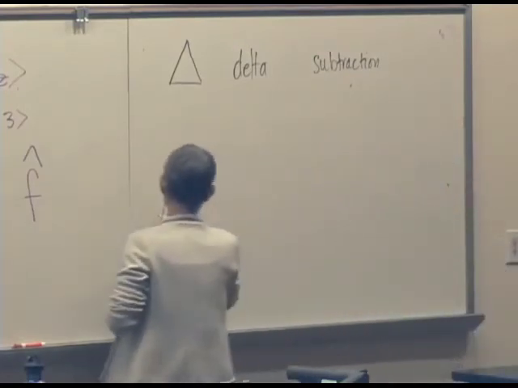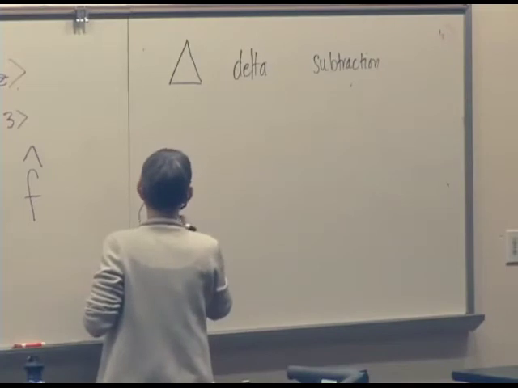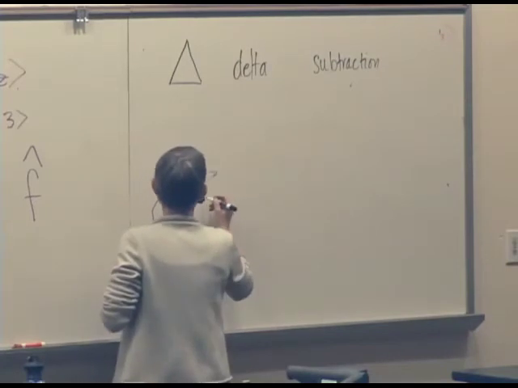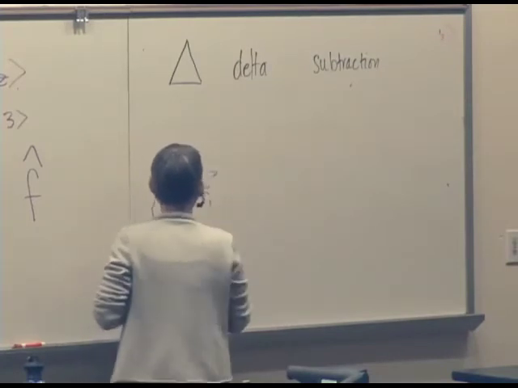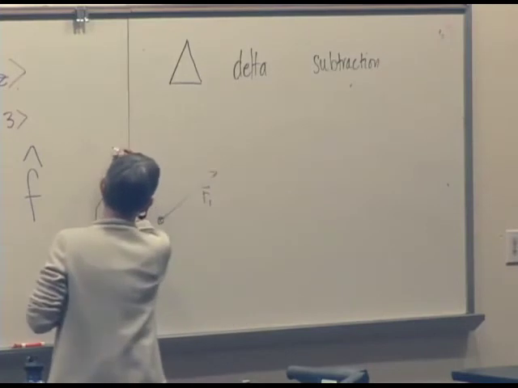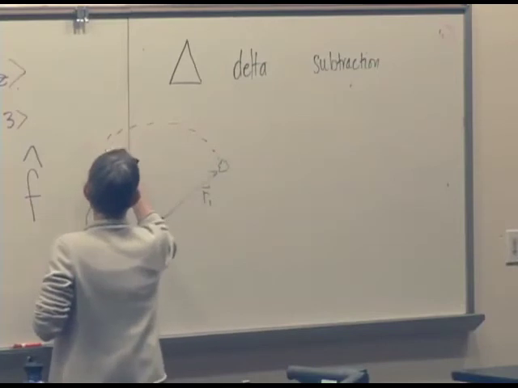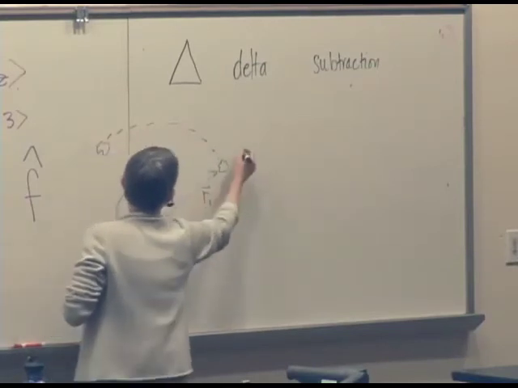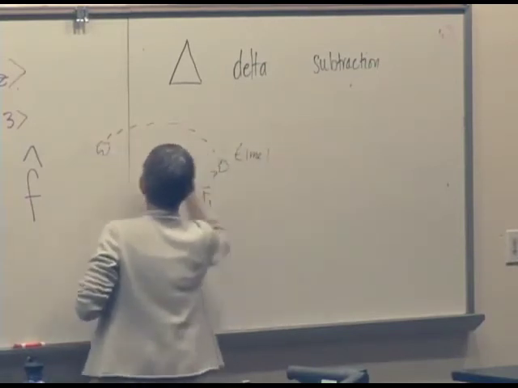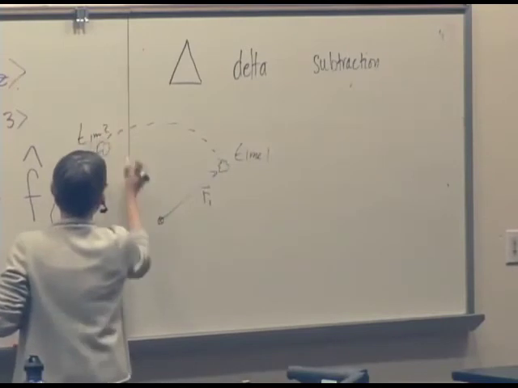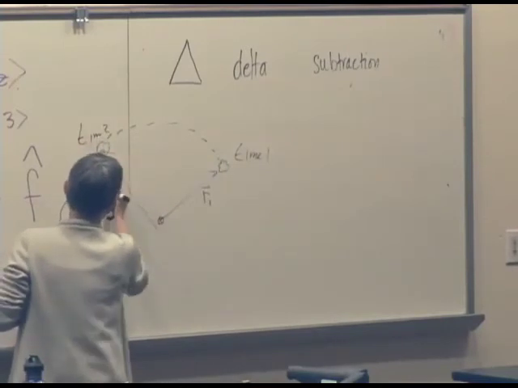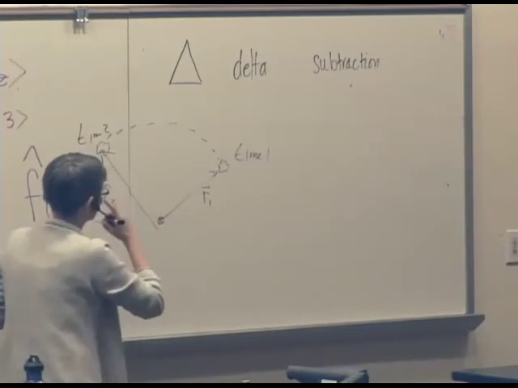So if we had, here's our origin, say, an object here at time 1, so here's our object, and it moves, and it's over here at time 2. We have some vector pointing to it now, R2.